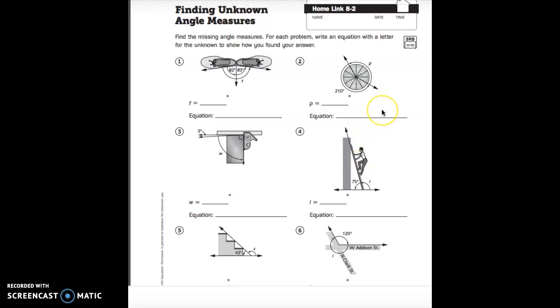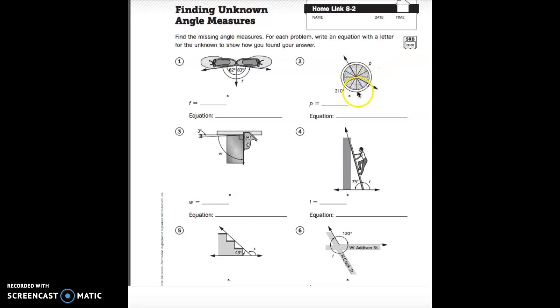So if I'm looking for missing unknown angle measures, all I have to do is say to myself, I come over here for example. This angle here is 210 degrees. I want to figure out the measure of this unknown angle.